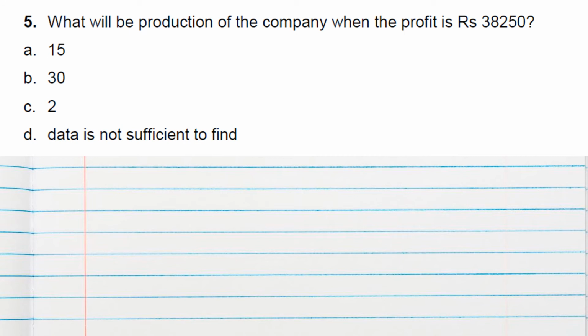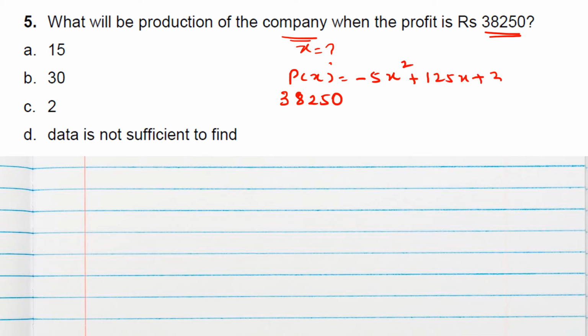Next question is, what will be the production of the company? That means x value we should find, and this time profit is given as 38250. So P of x we know is minus 5x square plus 125x plus 37500. So P of x value is given, x value we should find here. So anyway we'll be getting a quadratic equation, right? So we will solve this one. So first we can shift this number to this side.